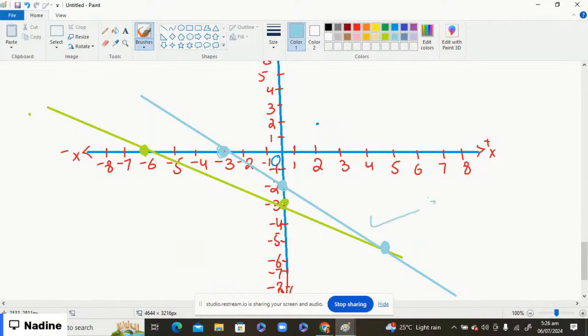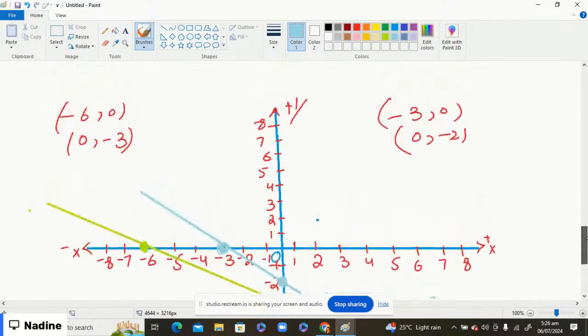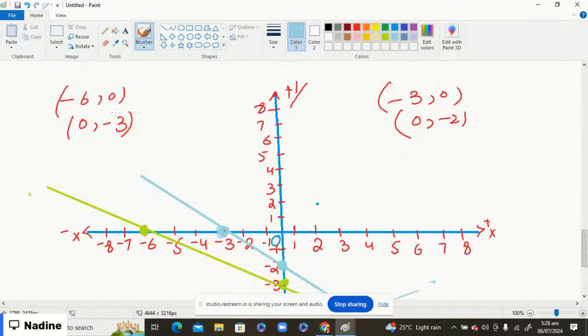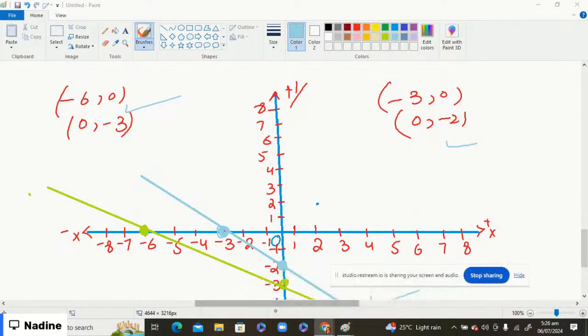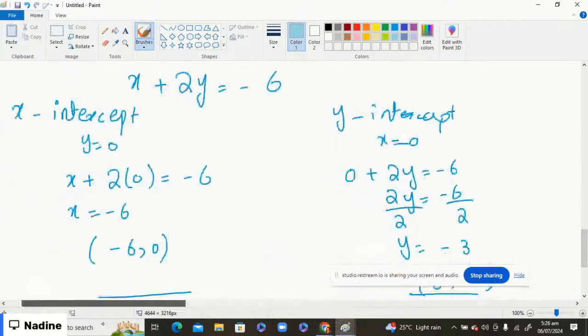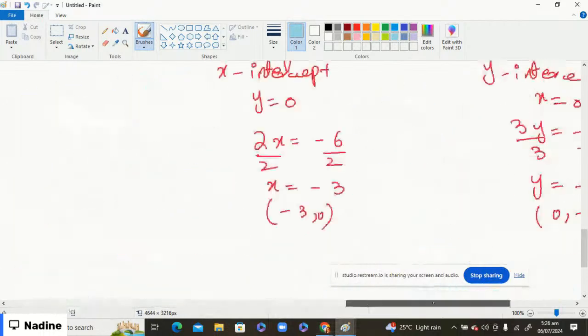Got it? This is the full question, and these are the points. We are finding them by finding the intercepts. Look at here, the first two intercepts and the last two intercepts.